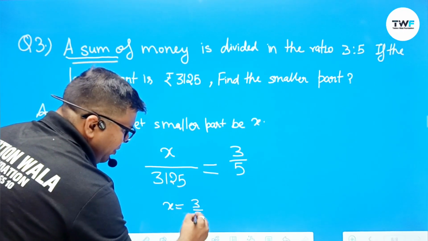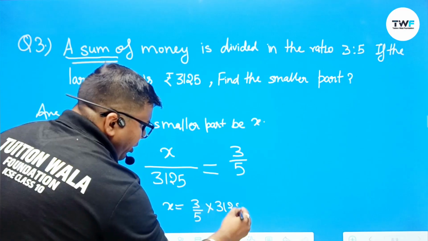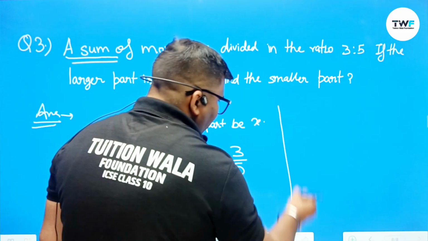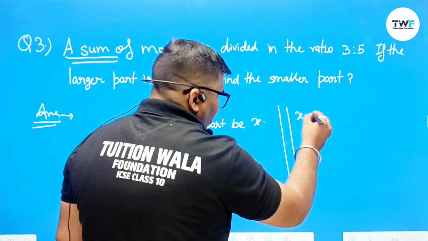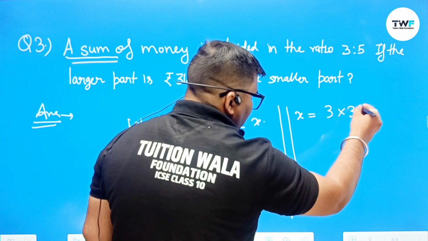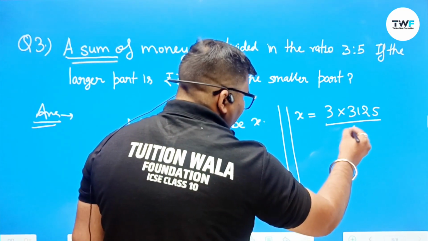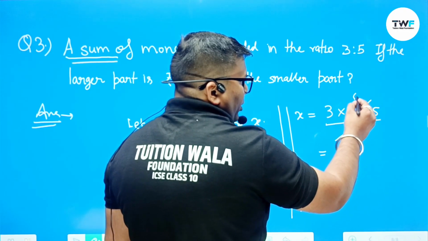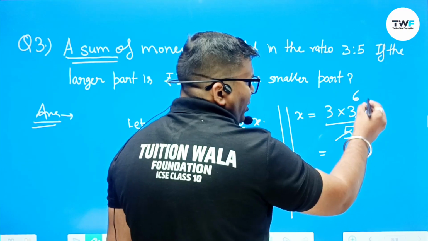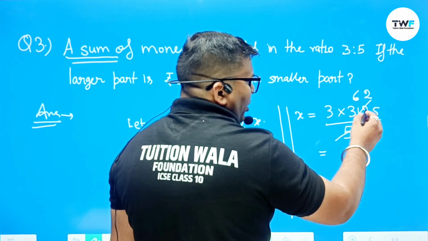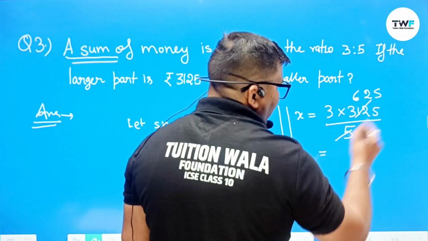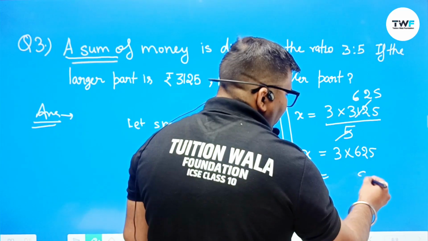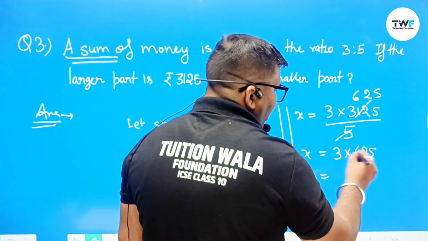Then x equals 3 upon 5 multiplied by 3125. We are doing the cross multiplication. Now we can solve here. x equals 3 into 3125 divided by 5. 5 sixes are 30, carry 1, 5 twos are 10, carry 2, 5 fives are 25, means 3 into 625. 3 fives are 15, carry 1, 3 twos are 6 plus 1 is 7, and 3 sixes are 18.